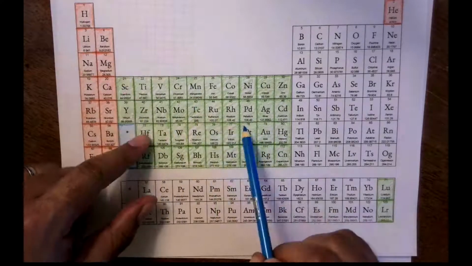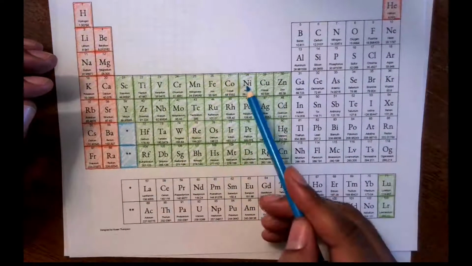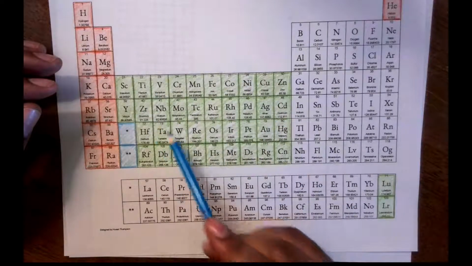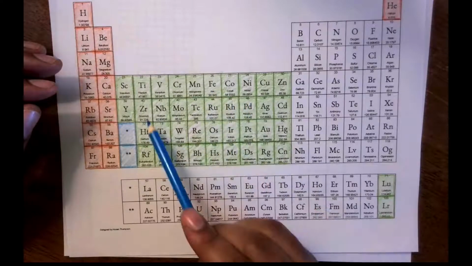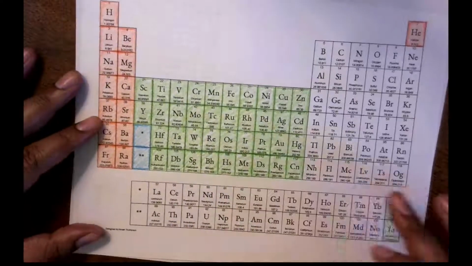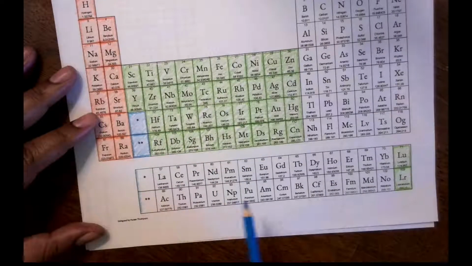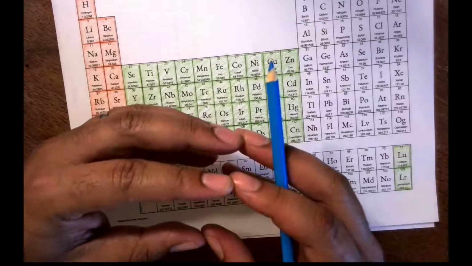These D block elements, we consider these typically dense, right? So how hard is a coin? Well, a coin is made out of nickel or copper, or sometimes it has zinc in it. So when you think about the density of a coin, the density of your pots, for example, you're talking about these elements. But when you get down here, you are now starting to put so many protons and electrons together.